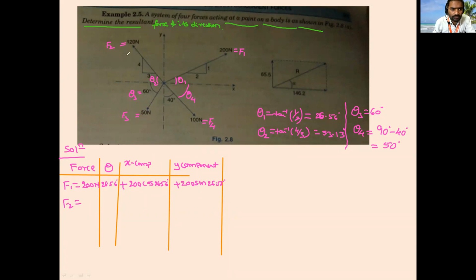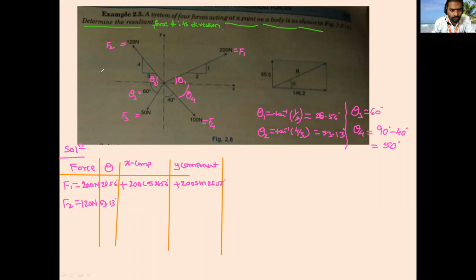Next, the F2 force. How much has he given for F2? It is 120 Newton. Is it acting towards the point or away from the point? Away from the point. Theta 2 is 53.13, in the second quadrant.